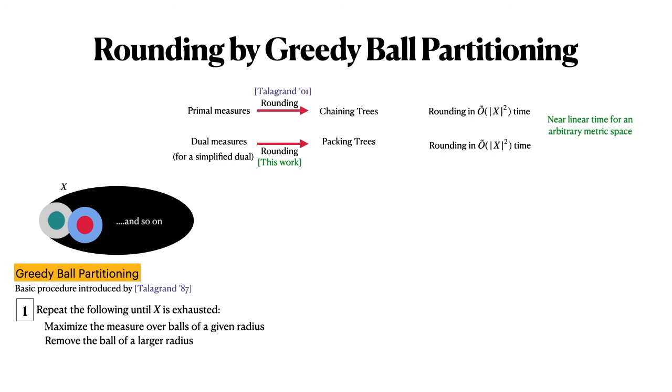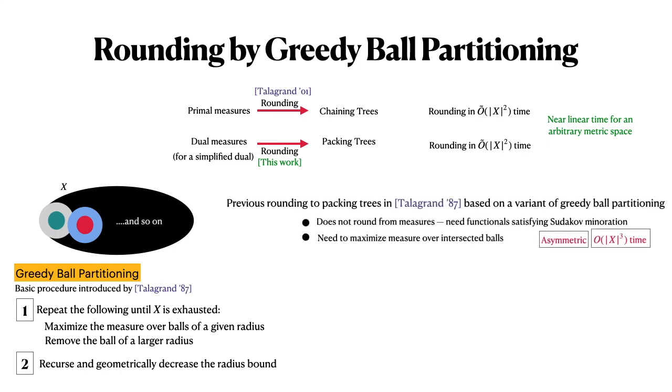You can consider variants where, instead of balls, you replace them with intersected balls, or instead of measures, you can maximize some other potential or functionals over your space. But the basic idea is this. And then we recurse and geometrically decrease this bound. So this is the basic greedy ball partitioning.